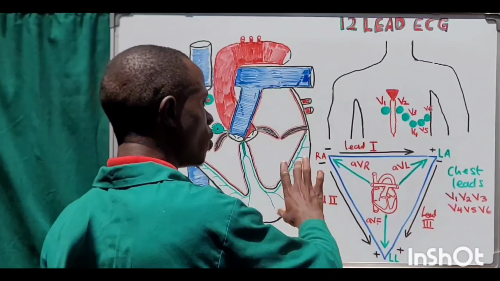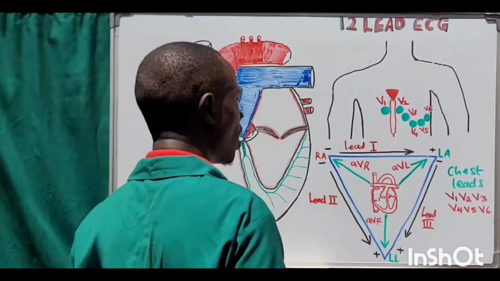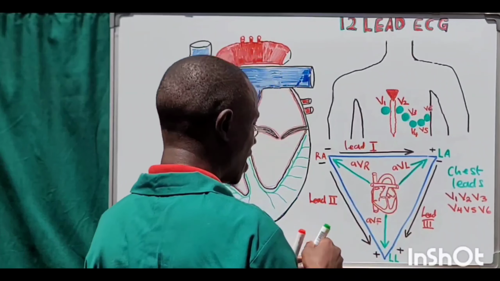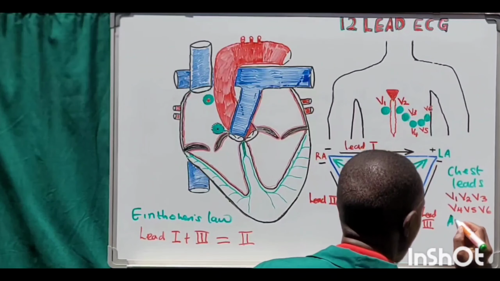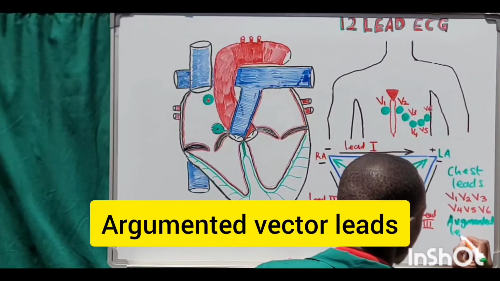Now when you look at this, we have also created 6 more leads. What are these 6 leads? These are called augmented leads.